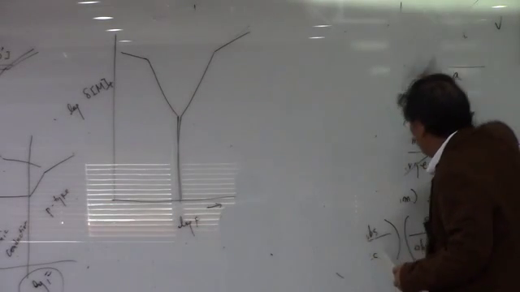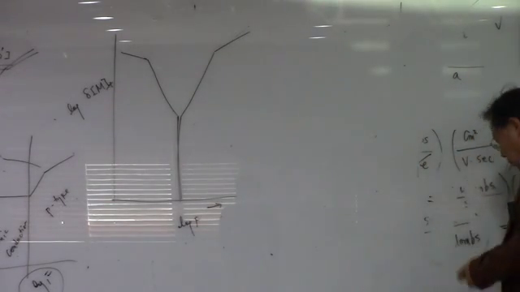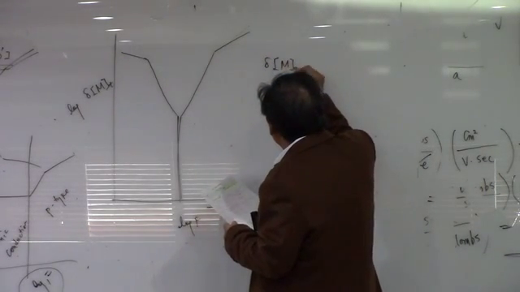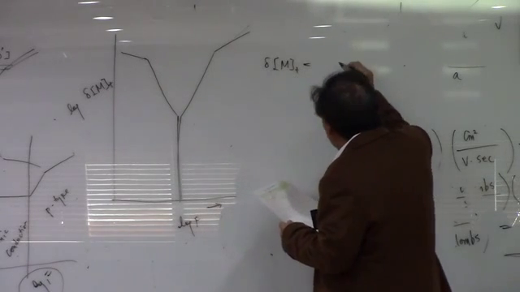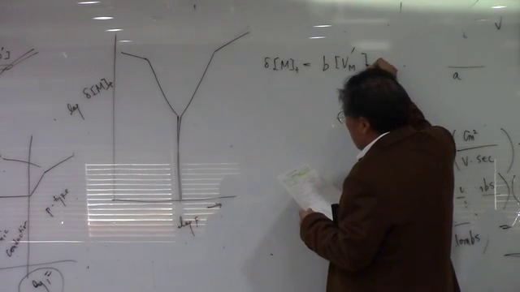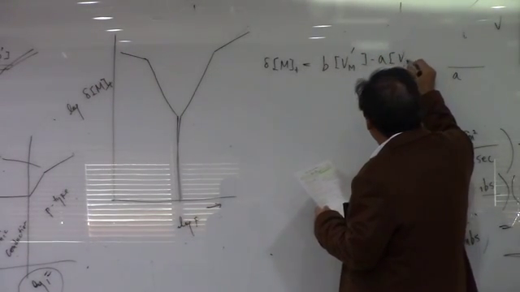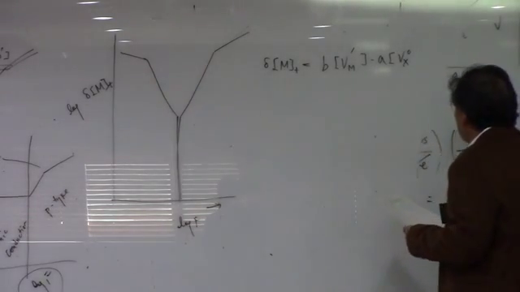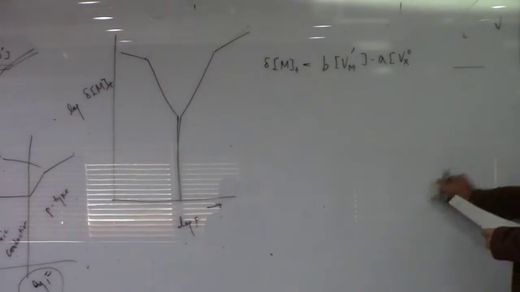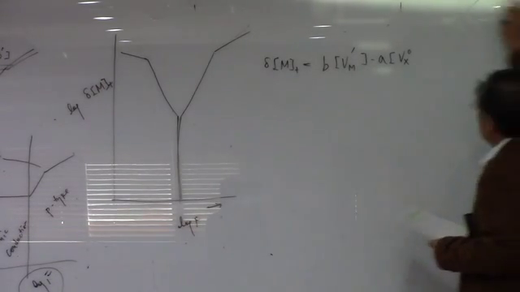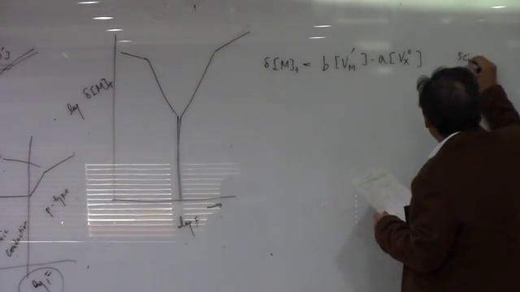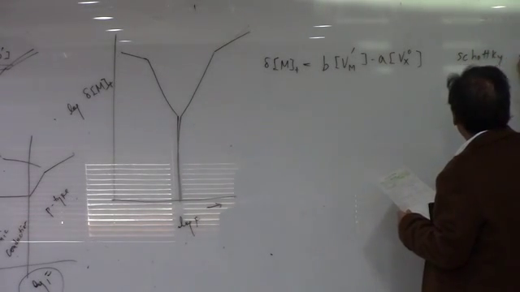And remember the delta, the non-stoichiometric parameter, delta m t is equal to b Vm minus a Vx naught in case of a Schottky disorder.